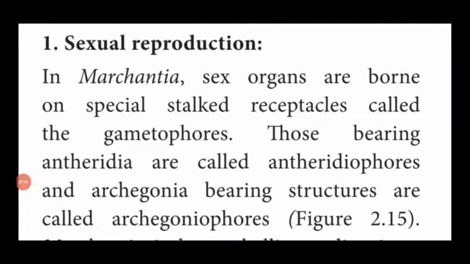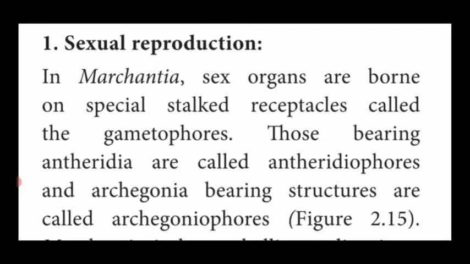Dear students, next we are going to see sexual reproduction in Marchantia. Marchantia shows the heterothallic condition, producing two types of sex organs in different thalli. These sex organs are produced on a small stalk-like structure known as receptacle, called the gametophore.